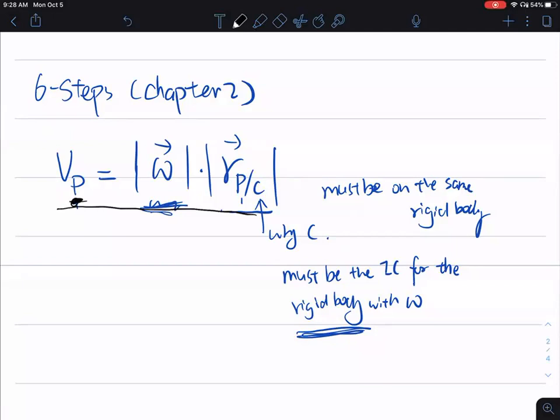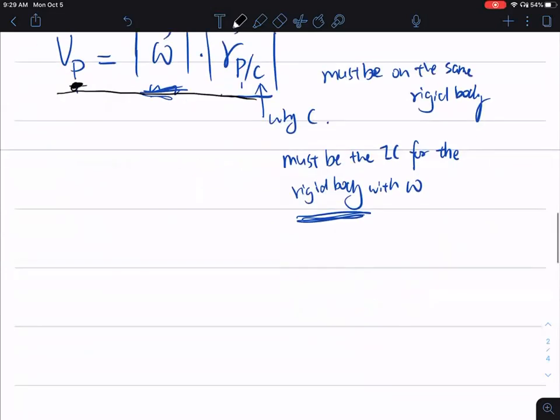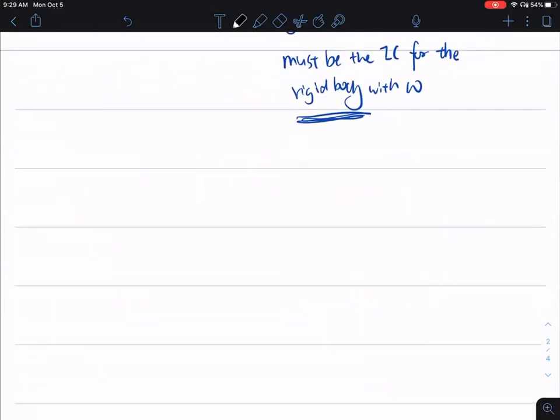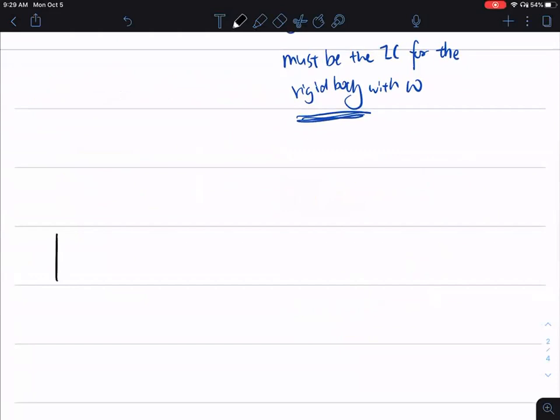Okay. Now let's do a practice to identify the location of the instant center. In this practice, we have 3 links.